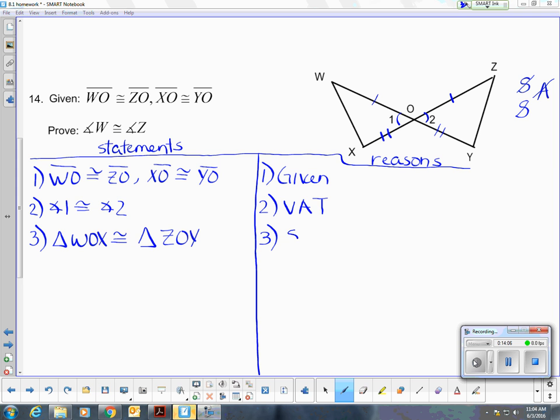And that is by side angle side. So what we notice is the angle, the two vertical angles, are sandwiched in between or included between the two congruent sides. So we can now say that angle W is congruent to angle Z. And if we look at the drawing, angle W and angle Z are corresponding parts, and they belong to congruent triangles. Therefore, they are also congruent.